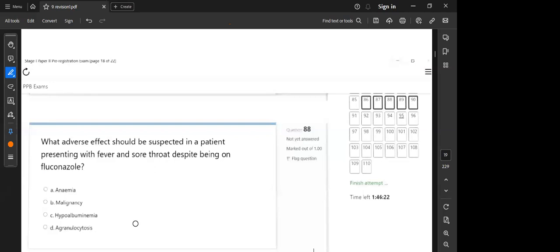So what adverse effects should be suspected in a patient presenting with fever and sore throat despite being on fluconazole? Well, it's anemia, malignancy, hypoalbuminemia, granulocytosis.